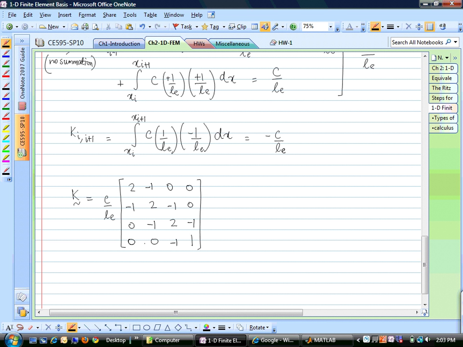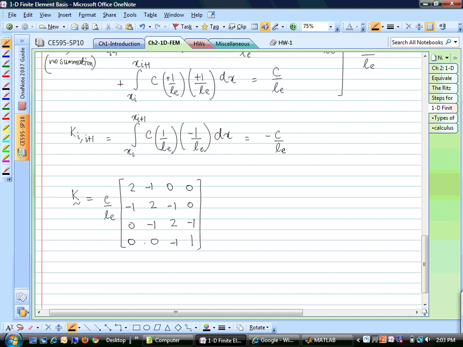So this is what our stiffness matrix looks like for a one-dimensional finite element basis function, where we have divided it into 4 elements, and they're all equal.